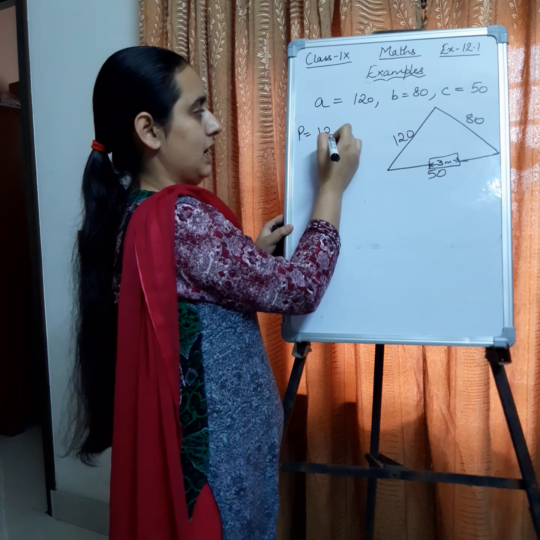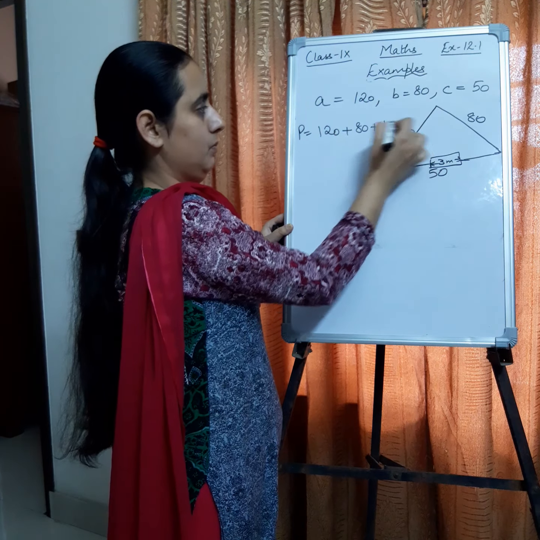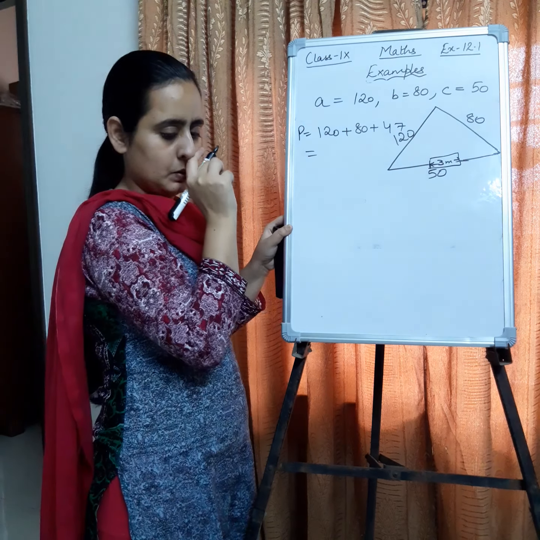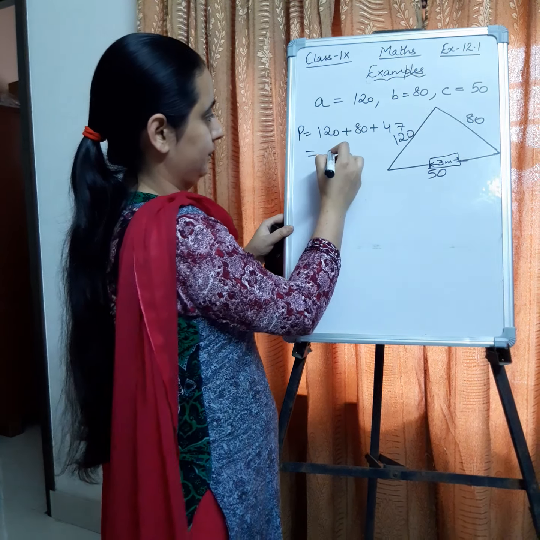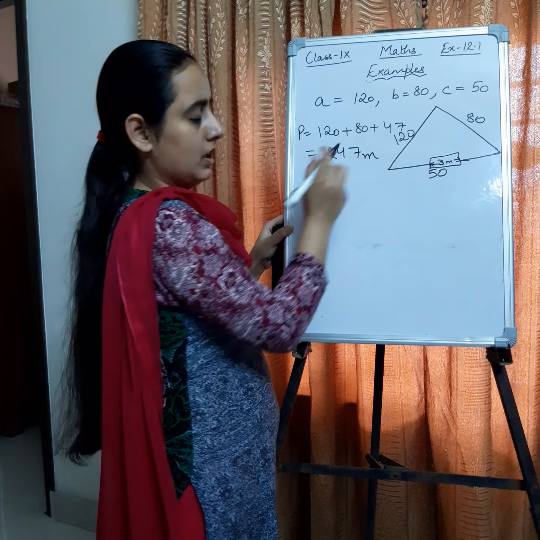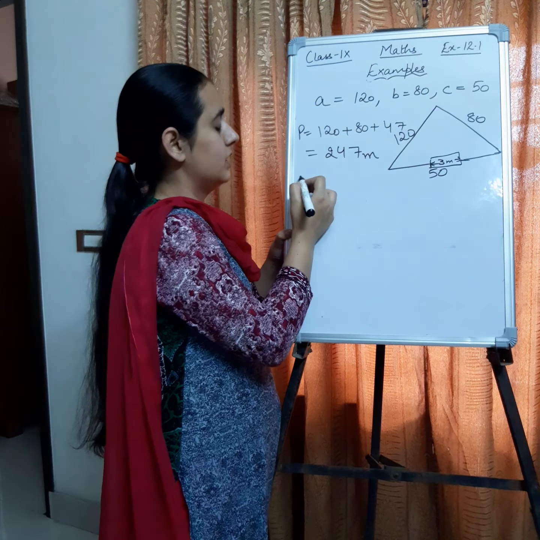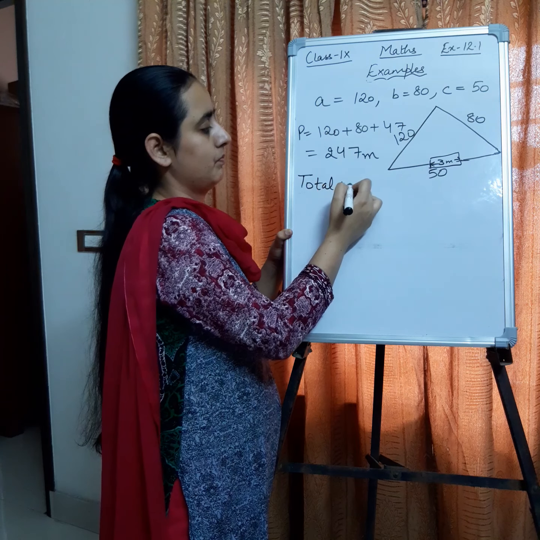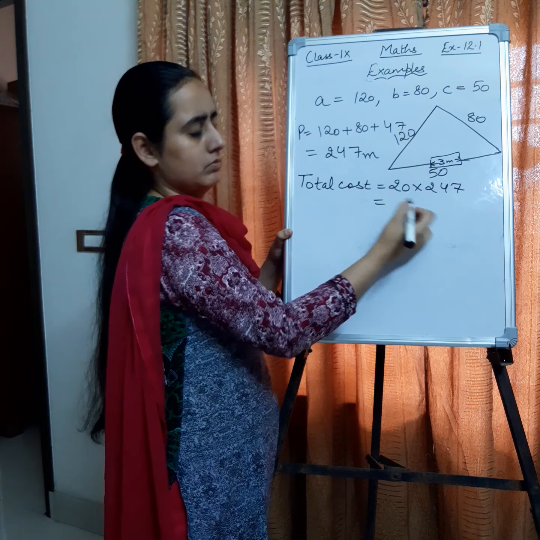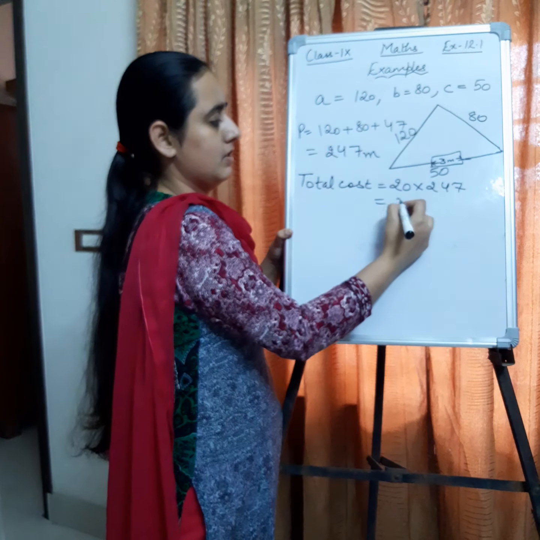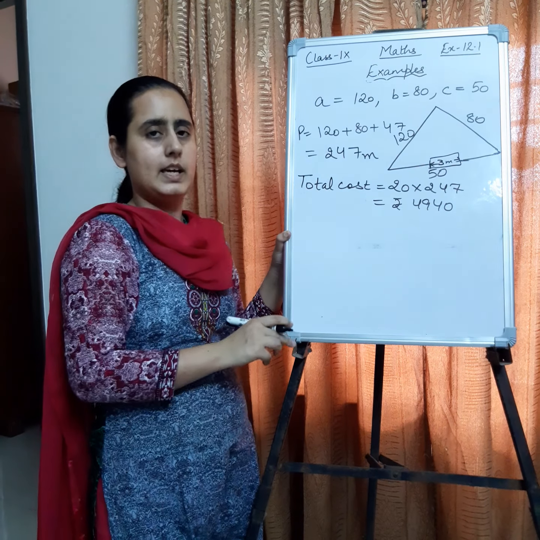So perimeter will be 120 plus 80 plus 47, which is 247. The cost is rupees 20 per meter, so the total cost will be 20 multiplied by 247, which comes out to rupees 4940.